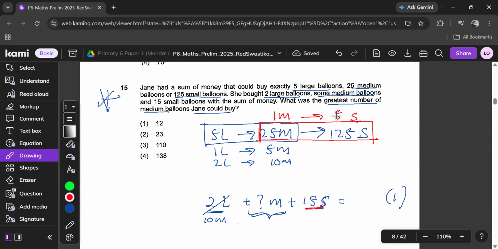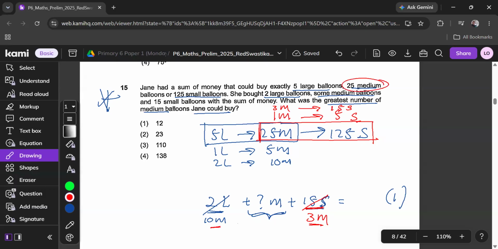I got 15 small. 15 small will be how many medium? So 15 divided by 5. That will be 3 medium. So 15 small, I can change it to 3 medium. Can you see that? So I got medium, medium. So if I have the money to buy all medium, what's the maximum medium balloons I can buy with my money?